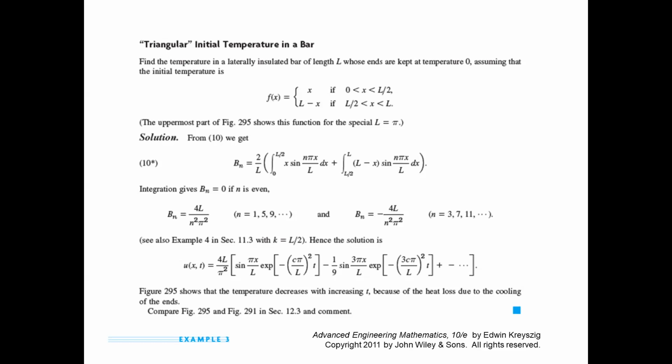If the initial temperature distribution inside the object is a triangle, between 0 and half L the temperature rises as a linear function, then the temperature drops from x equal to half L to L. Then we are asked to find out how the temperature distribution looks at any position at any time.